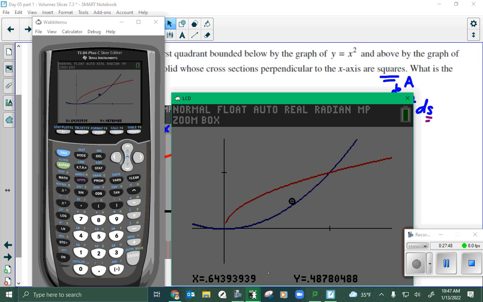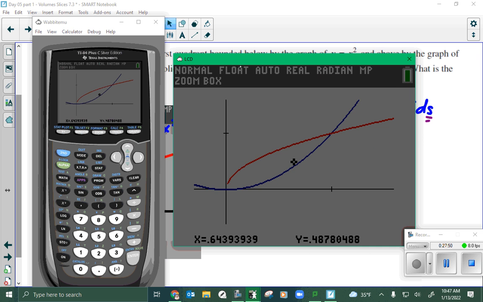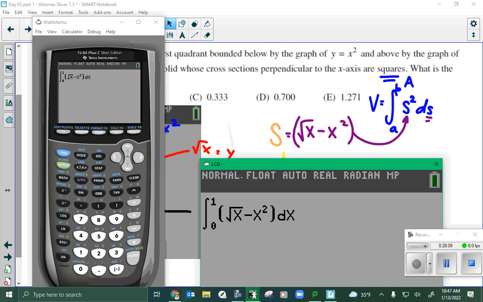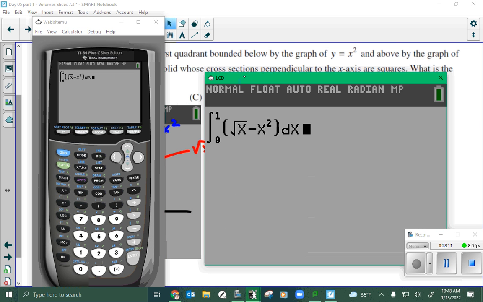Oh, I love putting this stuff in the calculator. So let's integrate again, math 9, from 0 to 1. And I'm going to take the square root of x and subtract x squared. Remember, dx, our dummy variable, that is our side.